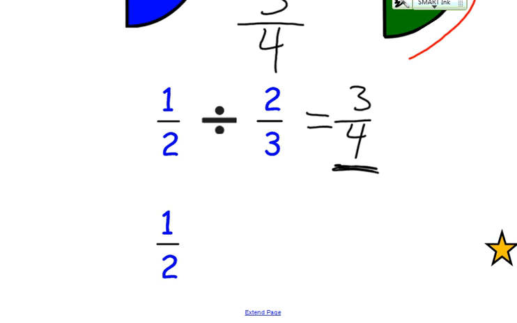We've proved it with our picture, but how do we do that mathematically? We're going to follow a process of using reciprocals and using multiplication in the end. So this is what we're going to do.